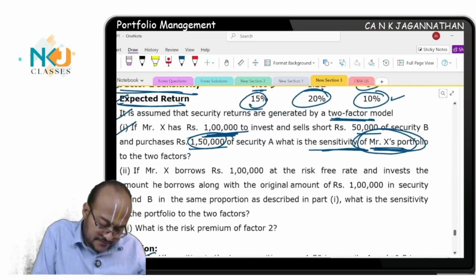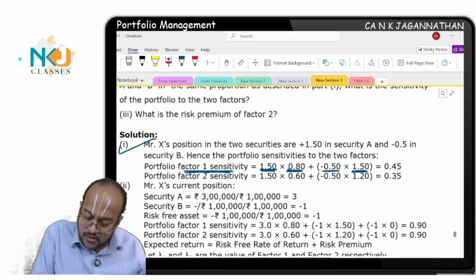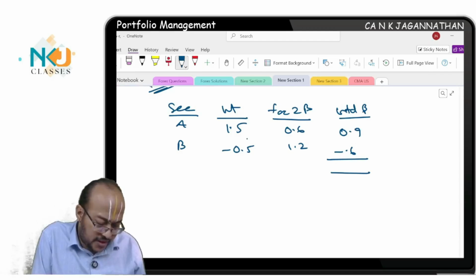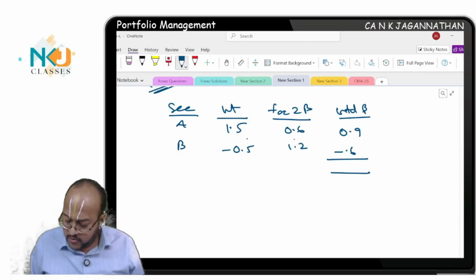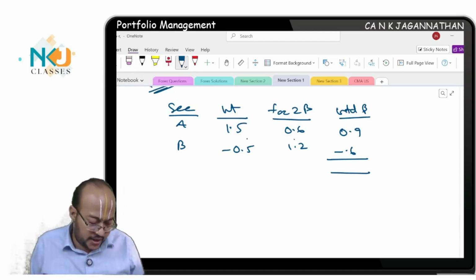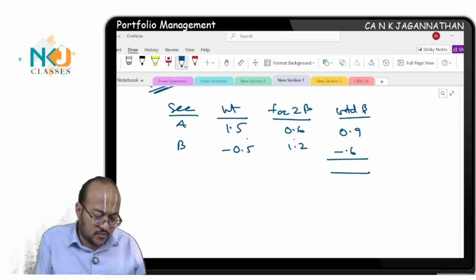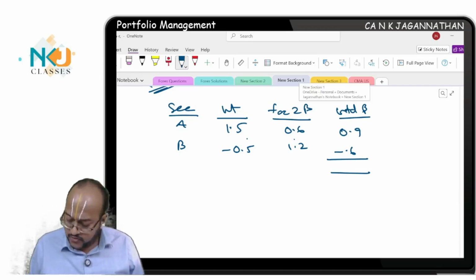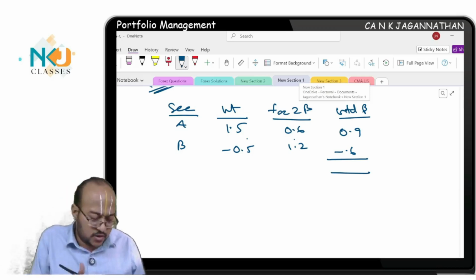See, once again. 1.5 into 0.6, how much are you getting? 0.9. Okay, minus 0.5 into 1.2 is minus 0.6.